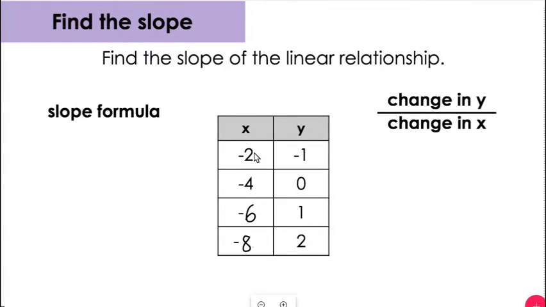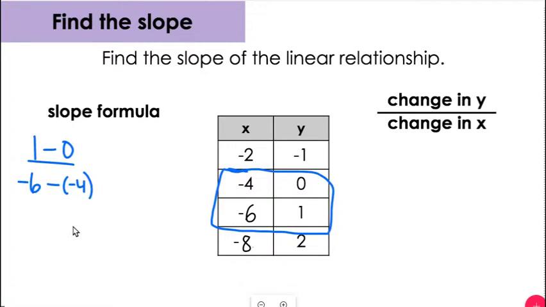Okay, our next example here, let's use the slope formula to start. Again, we can pick any 2 points. Let's go ahead and pick these. You can pick 2 other points and see if you get the same answer as me. This should be review. So I have my second y minus my first y over second x minus first x. 1 minus 0 is going to be 1.